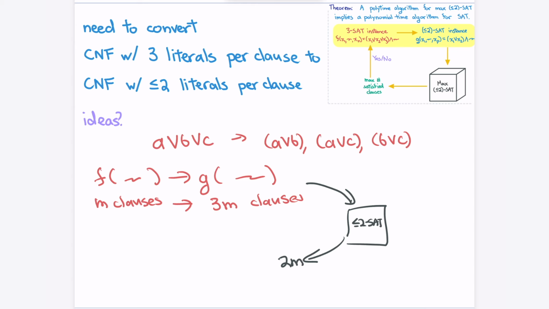It's true that a satisfying assignment to your original formula will satisfy at least 2m clauses in your new formula, but it's not clear that an assignment satisfying 2m clauses in your new formula will satisfy all the clauses in your original one, because maybe you're getting 3 points from a bunch of them that makes up for getting 0 points for some others. So it's tricky. This is the right direction, but the ultimate solution is quite tricky.